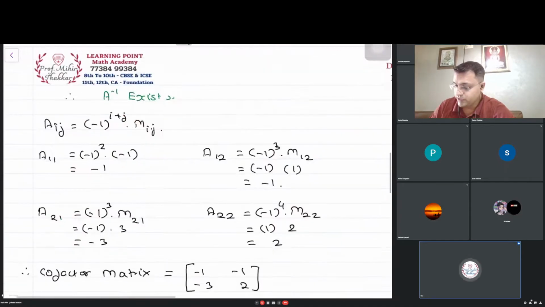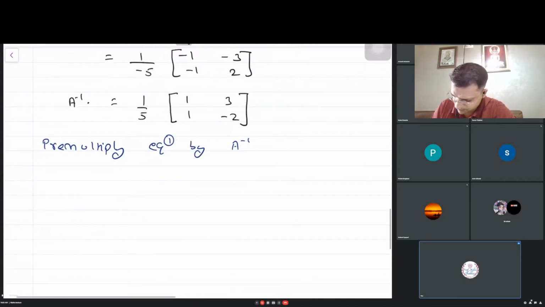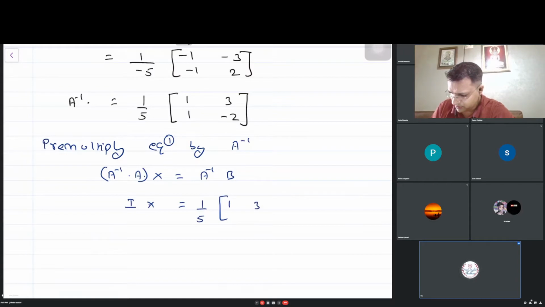So I have to write A inverse into A into X is equal to A inverse into B. So here, this is very easy. This is obviously I into X, but the main part is this: 1 by 5, 1, 3, 1, and then minus 2.